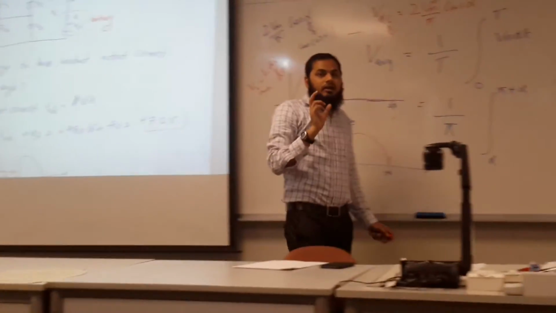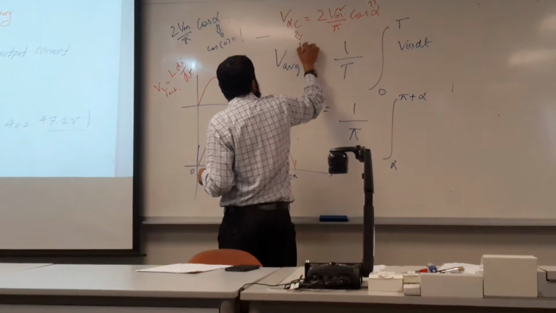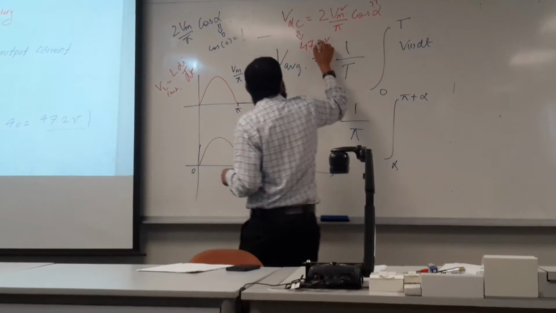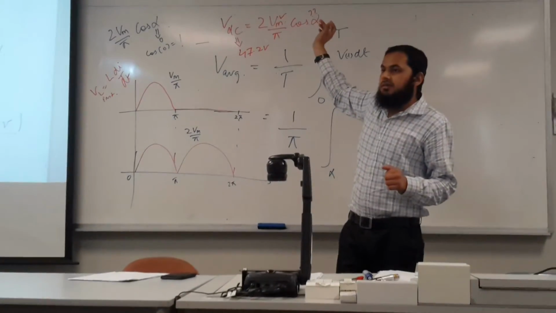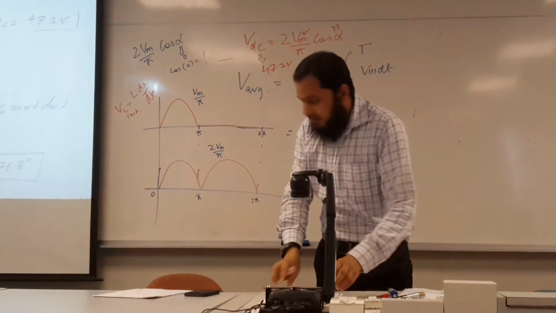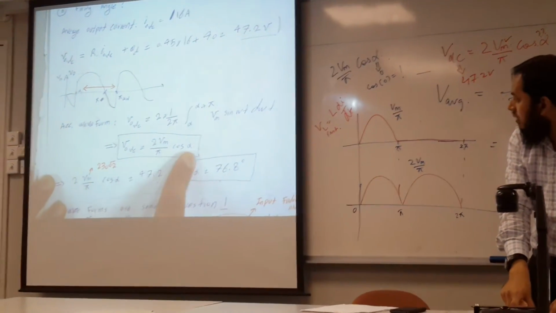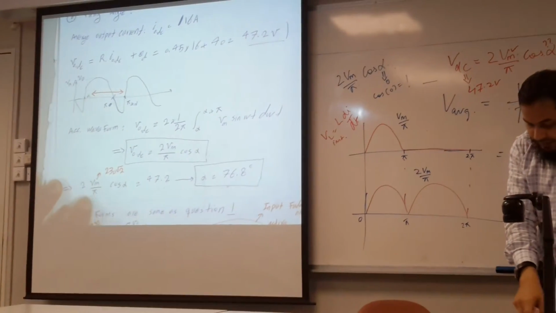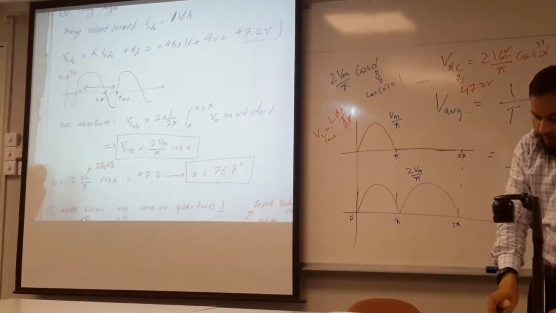This is the average voltage, V_DC is 47.2 volt. So we know V_DC and Vm, and you can find out alpha. V_DC is 2Vm by pi cos alpha, so putting the values here, we find alpha equal to 76.8 degree.